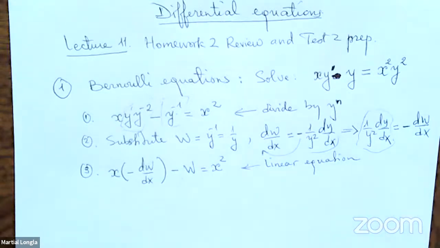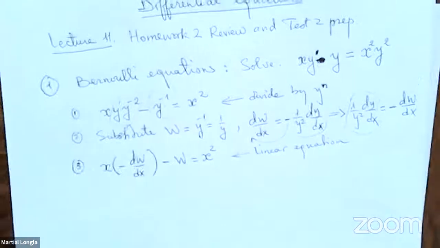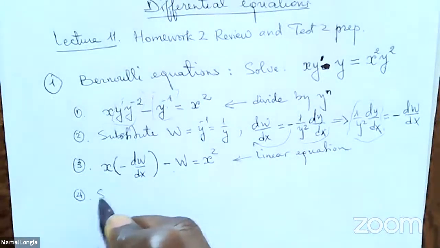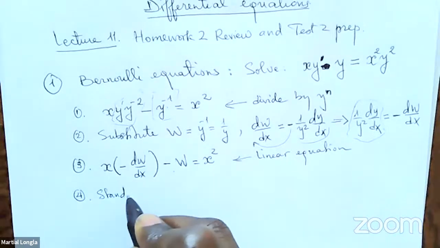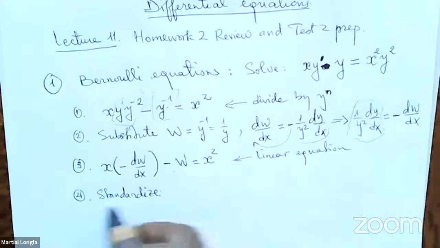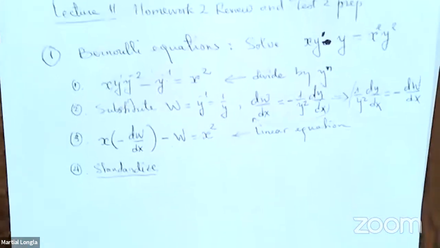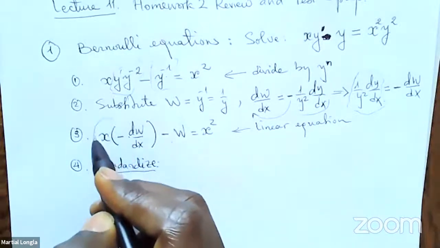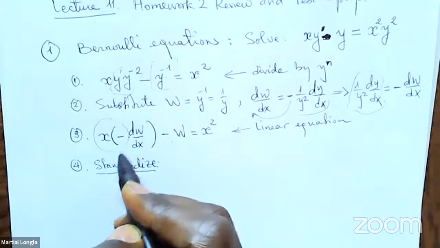So we solve it as a linear equation, which is why on the next step, what you do is you standardize, and the way you standardize a linear equation is that you get rid of the coefficient that you have in front of the derivative. So you make that coefficient 1.